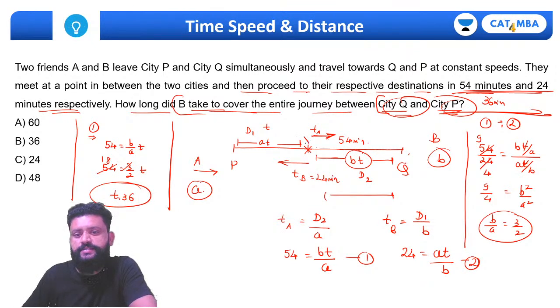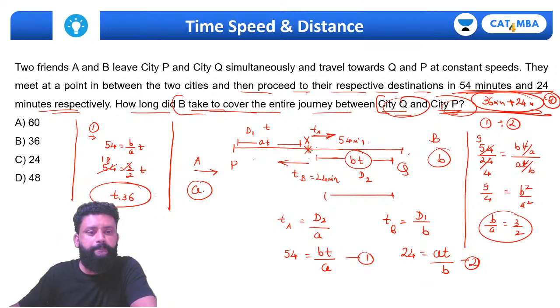Let's say this is X. After that it took 24 minutes for B to reach the destination. So 36 plus 24, that has to be 60 minutes. That is answer option A.